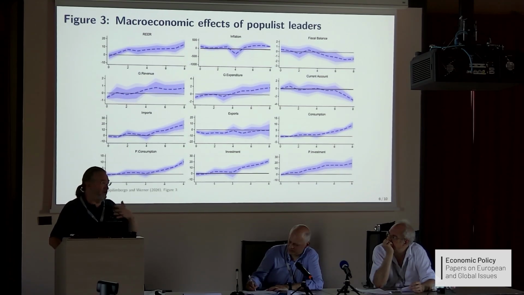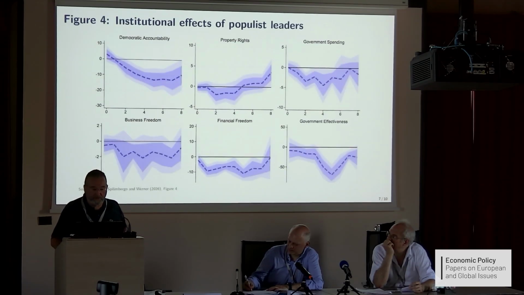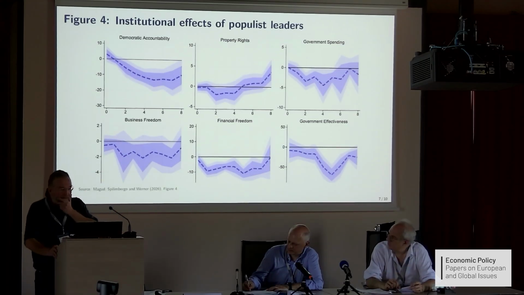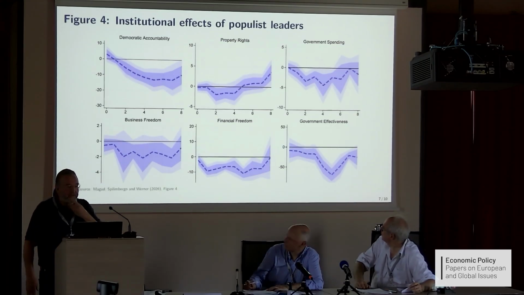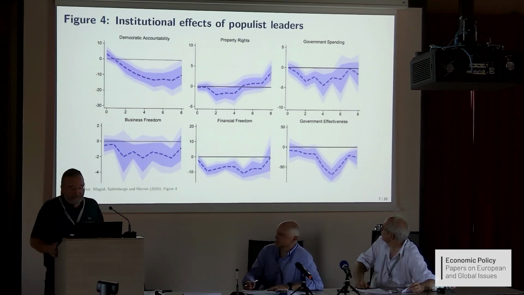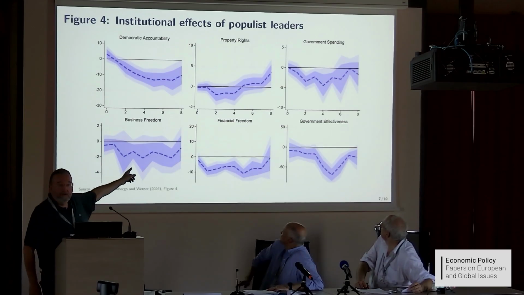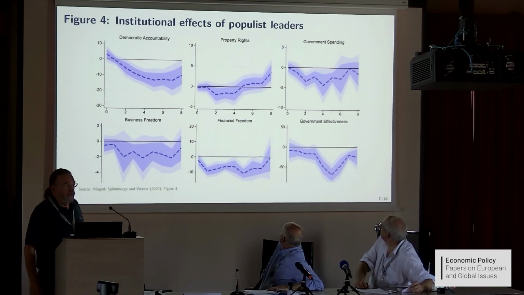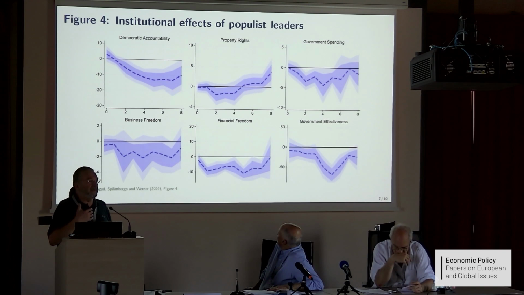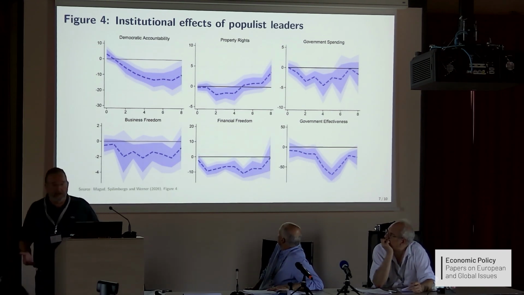And I want to say something about what I do about the institutional results. When you take a look at this here, let me start by the one that seems to be moving more, which is democratic accountability. It's going down. What is democratic? And I would say, oh, democratic accountability is going down.